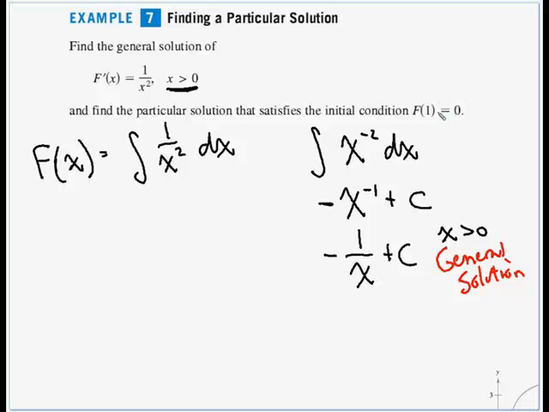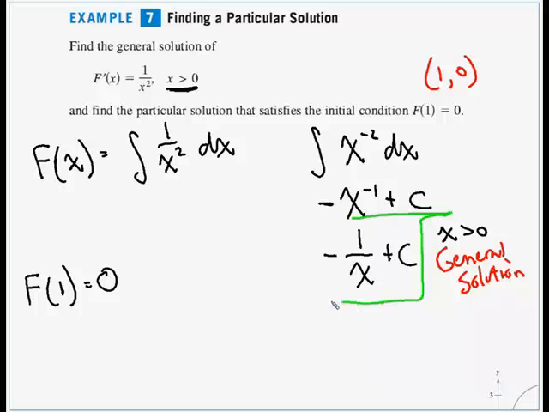And then we are given an initial condition. We know that 1, 0 is somewhere on one of the curves in this general solution, in that family of antiderivatives. So we have our initial condition, f of 1 is equal to 0. So if we take our general solution and we plug in a 1 for the x, and we set the whole thing equal to 0, we can solve for c.